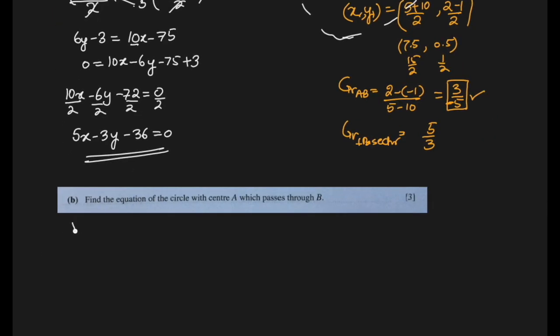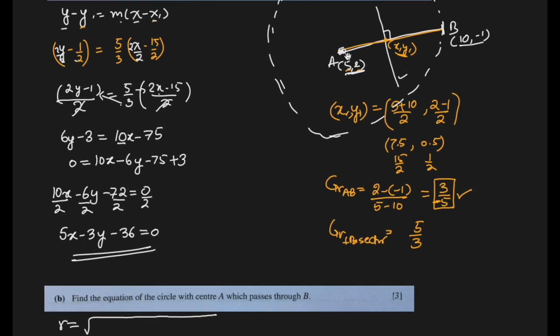So the radius of this particular circle will be the square root of (5 minus 10) squared plus (2 minus minus 1) squared.